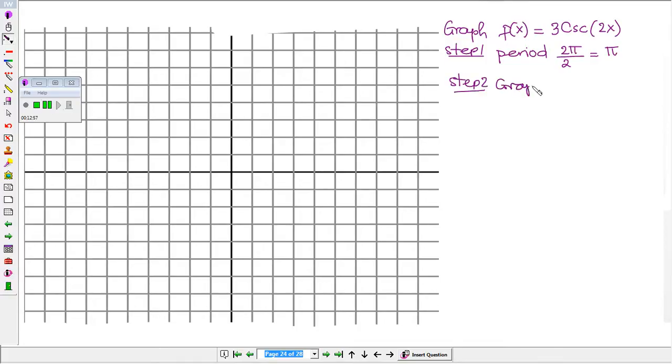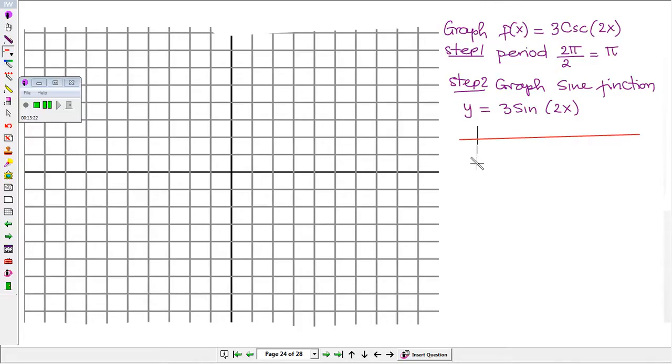Step 2, we are going to graph the sine function, because cosecant is the reciprocal of sine. So I'm going to graph the sine function first. In this case, we graph the function y equals 3 sine of 2x.